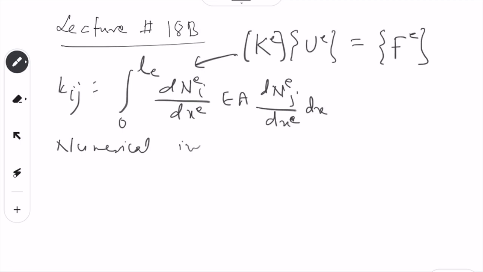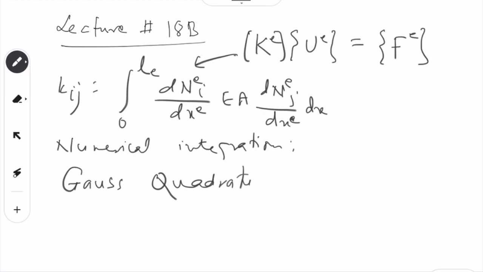numerical integration. So in this lecture video, we will look at numerical integration, specifically a method called Gauss Quadrature. Okay, so basically, what is the idea?